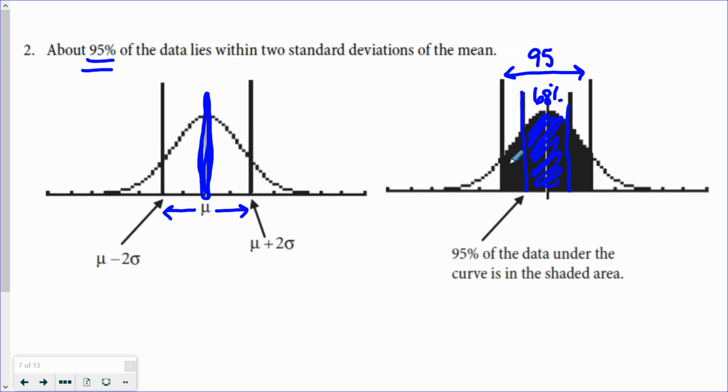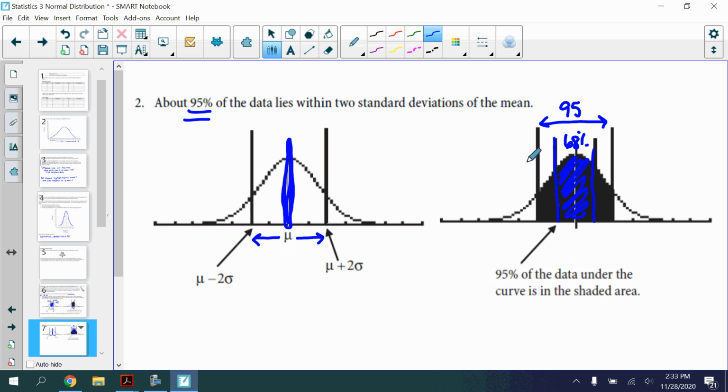So we could actually figure out as well what that would be equal to. Let's do green here. So we know that if we go 95, subtract 68, sorry, I don't know why I'm putting this in a calculator.